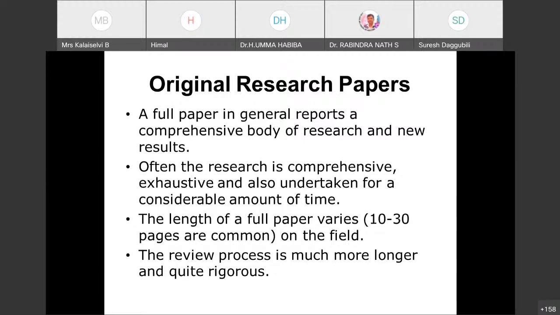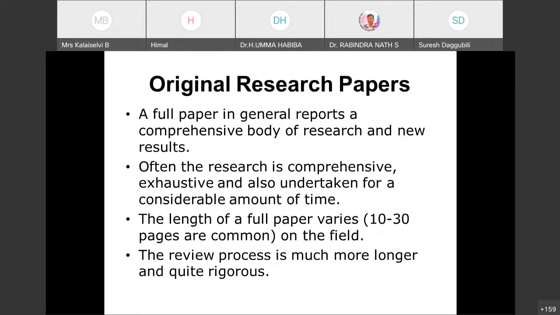The length of a full paper varies from journal to journal, and also from field to field. For example, in my area, which is telecommunications engineering or wireless communications, an original research paper normally spans from about 9 pages up to about 16 or 17 pages. 16 and 17 may be a little bit rare, but often you will see papers in the range of 12, 13, 14 pages long.